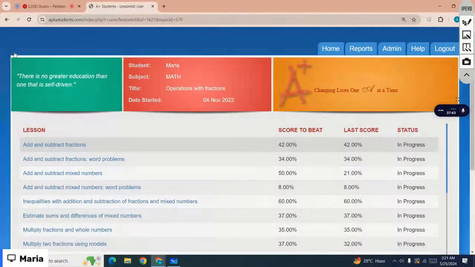The next lesson is add and subtract mixed number word problems. So you can do the word problems on your own.